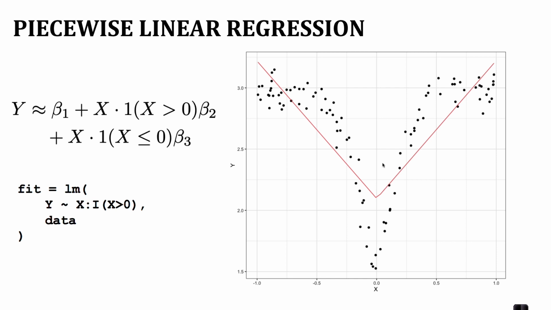And the last thing I want to say about this slide is that this slightly complicated thing we can do really easily in R if you use I, which is also how you get an indicator function. So I want to say indicator of x greater than 0.